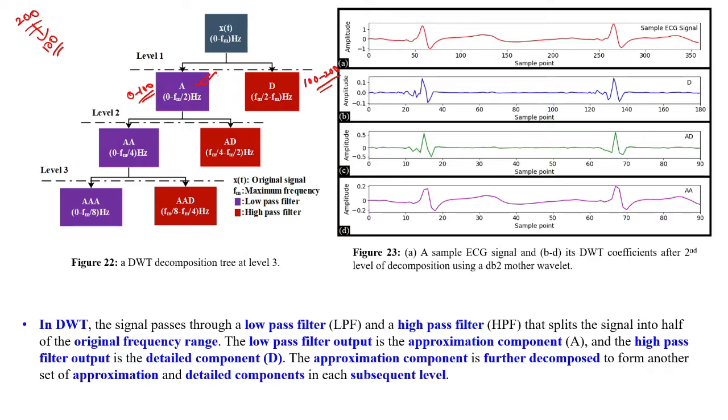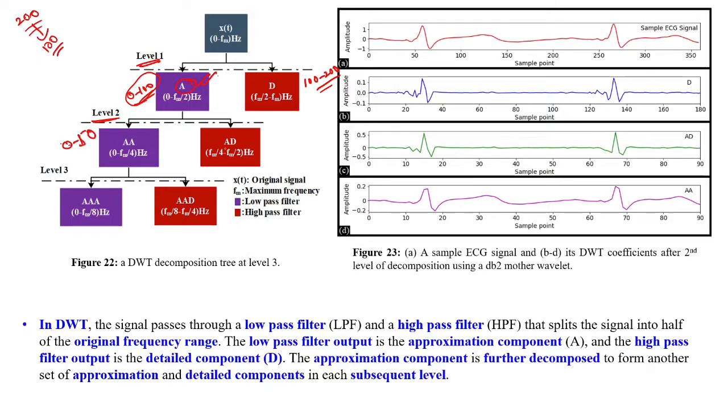Okay. Now, in the second level of decomposition using the DWT, we had this A, again having the frequency component 0 to 100. So we break it into two again. The first one would be 0 to 50.